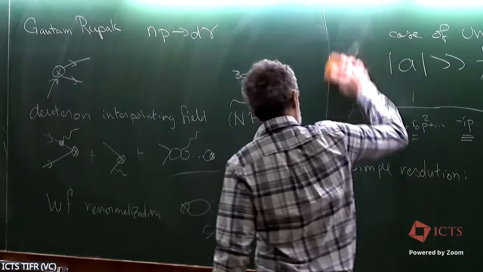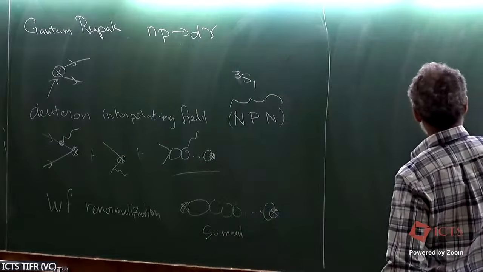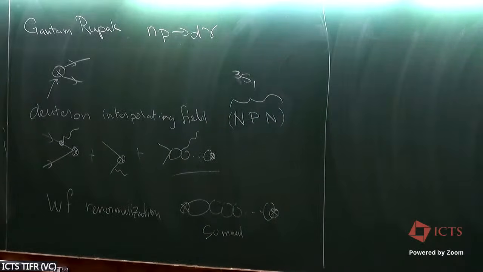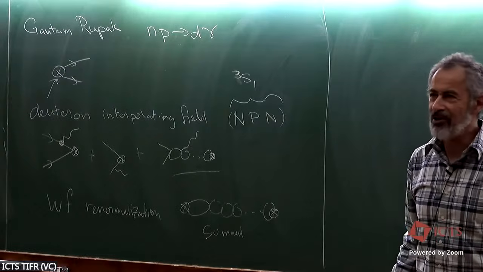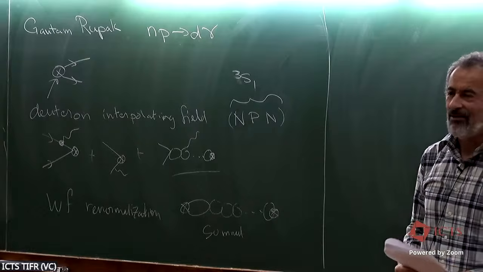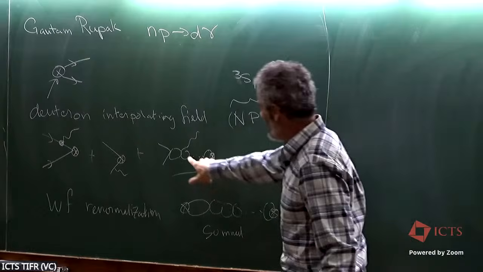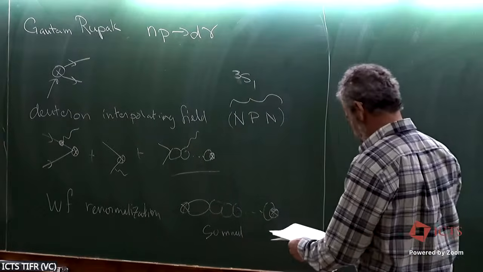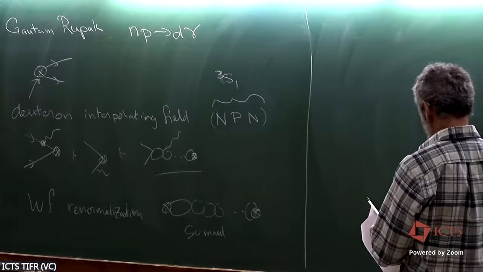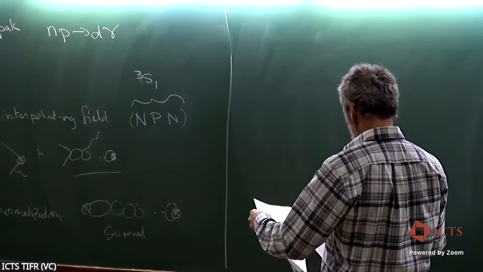It turns out the NP to D gamma, for reasons I actually forget, involves a magnetic photon. So you cannot use the covariant derivative in the coupling for that. What you have to do is put in this operator, which is the anomalous magnetic moment operator.